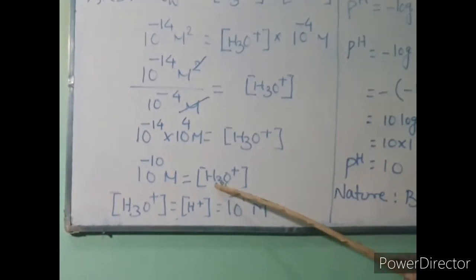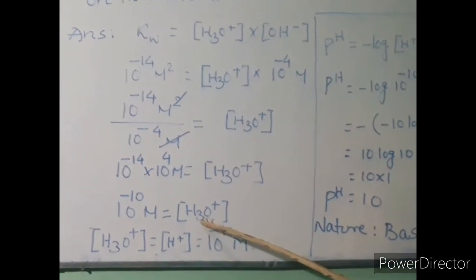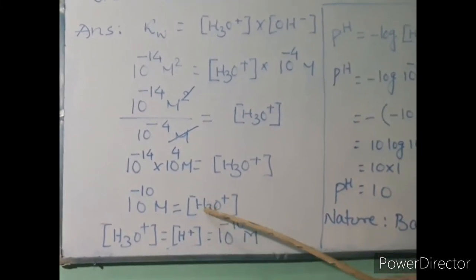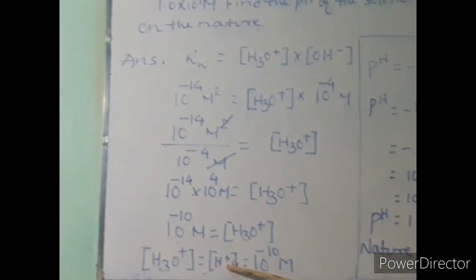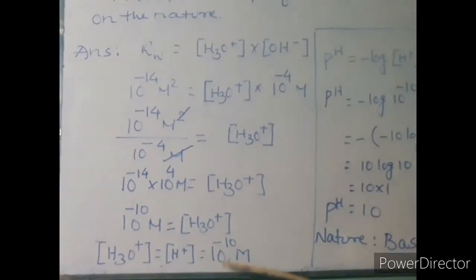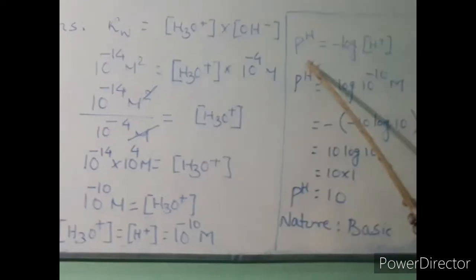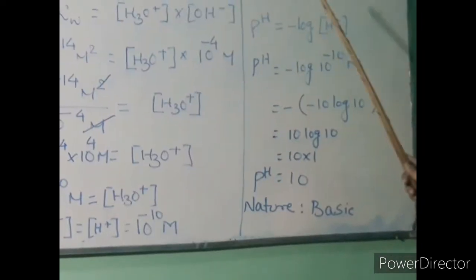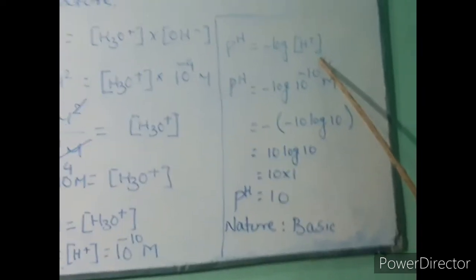Now we have the concentration of hydronium ion, and hydronium ion is also equal to hydrogen ion, whose value is 10 to the power minus 10 molarity. Now let us apply pH equals minus log hydrogen ion concentration.